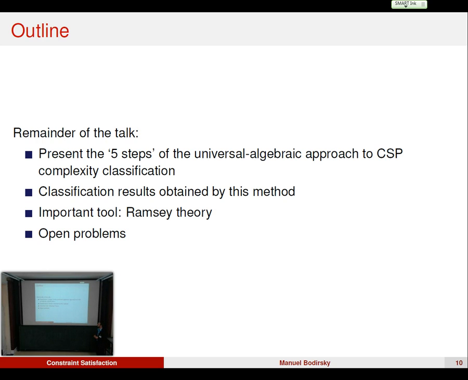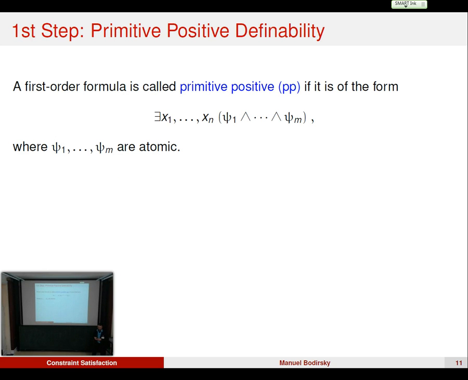All right. So the first step of the universal algebraic approach is the notion of primitive positive definability. So we have a first order formula. We say it's primitive positive if it's very simple. It's just a conjunction of atomic formulas, and then I'm allowed to existentially quantify some of the variables. So there's no universal quantification, no negation, no disjunction. It's forbidden. So now you might say, oh, this is horrible, I need negation.